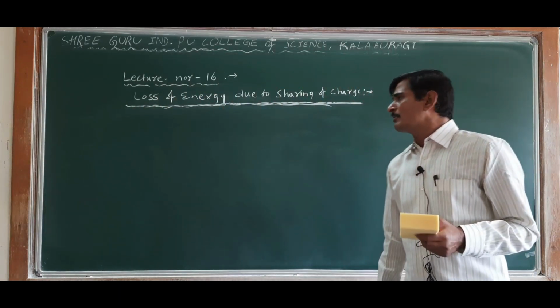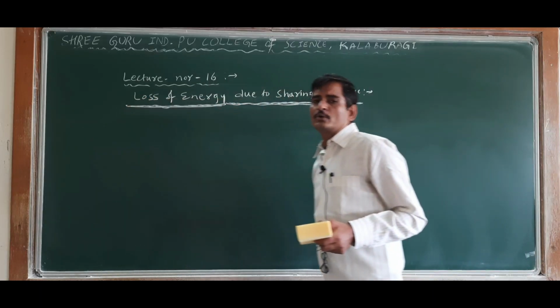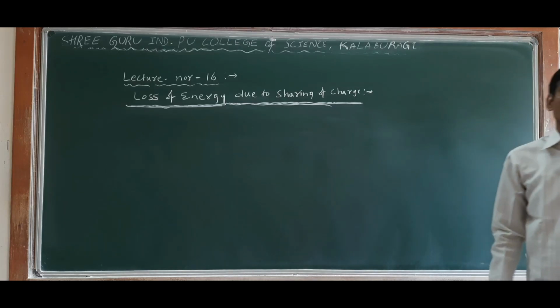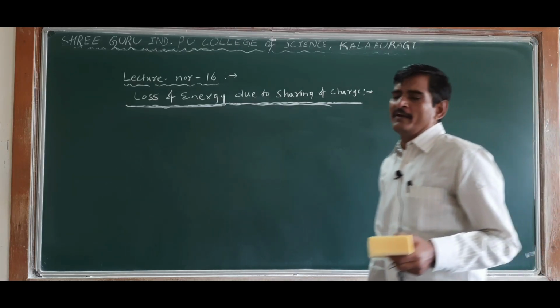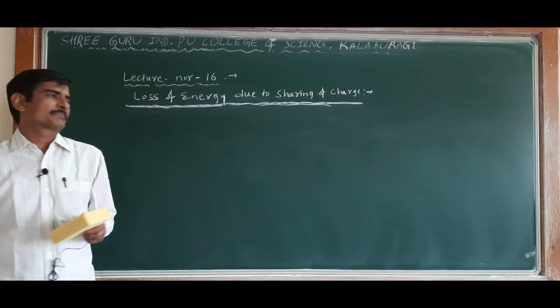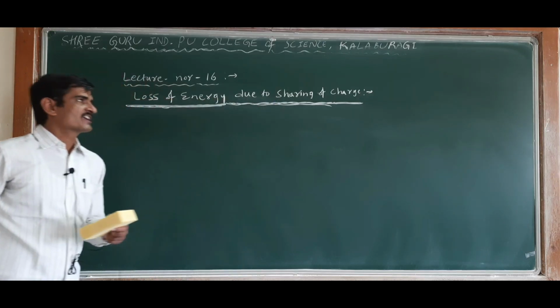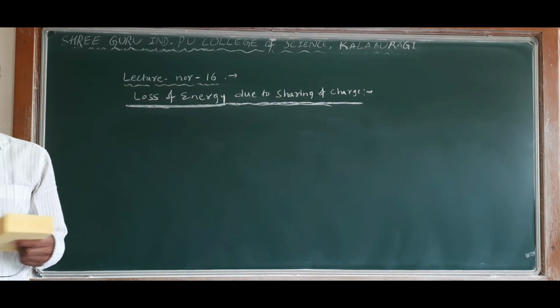But there will be some loss of energy due to the heat generated in the metallic wire. The metallic wire connecting both the conductors or capacitors gets heated up. So that is the loss of energy due to the sharing of charge, and that energy we have to find.